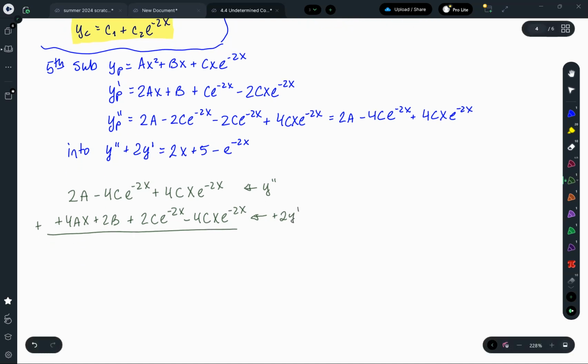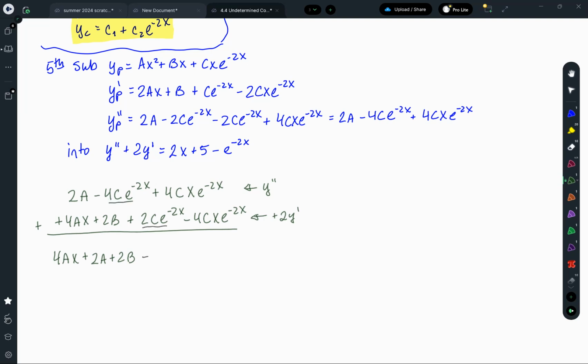When I look at combining like terms, it looks like I have a linear term. That's the 4ax. I have plus 2a and a plus 2b. Those combine. Now, my e to the minus 2x's, I have a minus 4c, and I have a plus 2c, so that's a minus 2c e to the minus 2x. And then the 4cx e to the minus 2x minus 4cx e to the minus 2x, those go away.